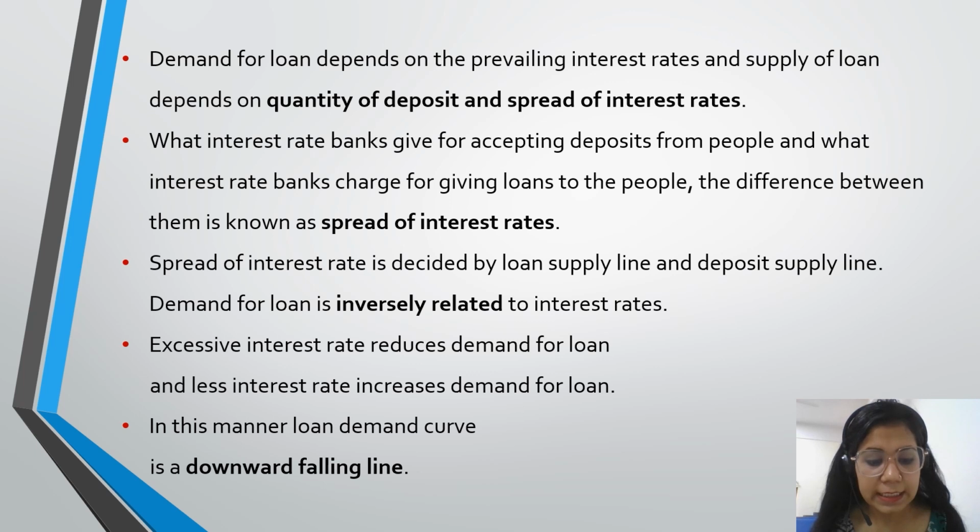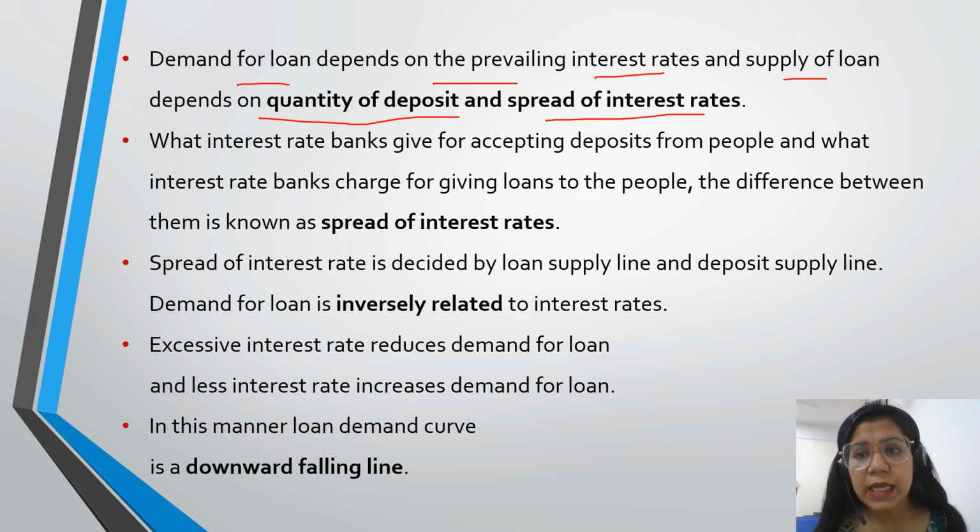So we can see that the demand for loan depends on the prevailing interest rates and the supply of loan depends on the quantity of deposits. Deposits by whom? Deposits by the customers, which we can say are the primary deposits, and the spread of interest rates. Now what is this spread of interest rates?